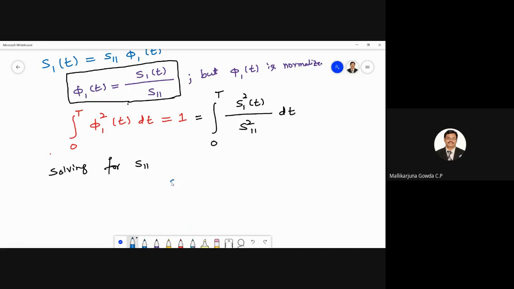So S11 square is equal to integral 0 to T of S1 square of t dt. Now, next step: is it possible to say S11?